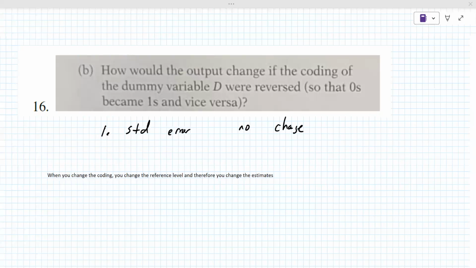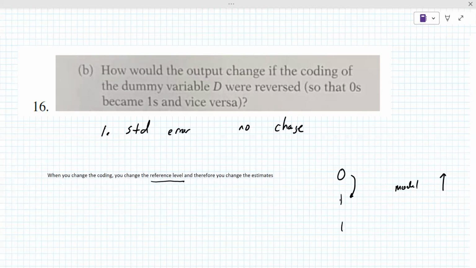I think this idea of the reference level helps you decide what it means when you say 0 to 1. What does it being 1 add to the model? Whereas when you reverse code them, you're now going the other direction. Let's say when you make it 1, the model says you get more of something.